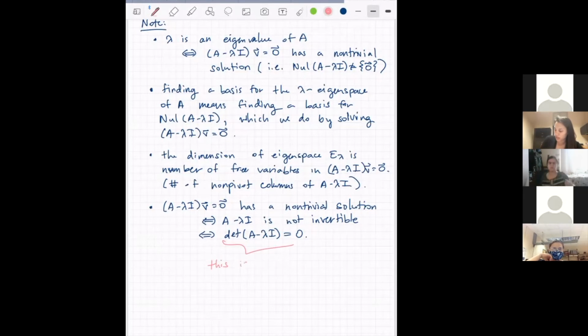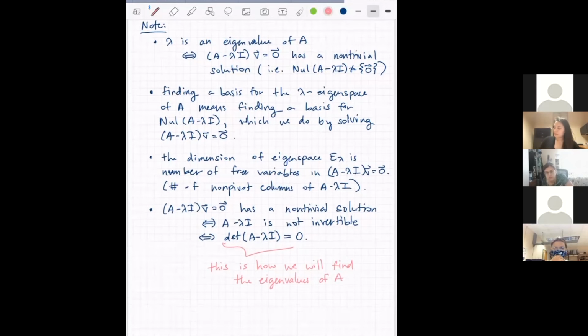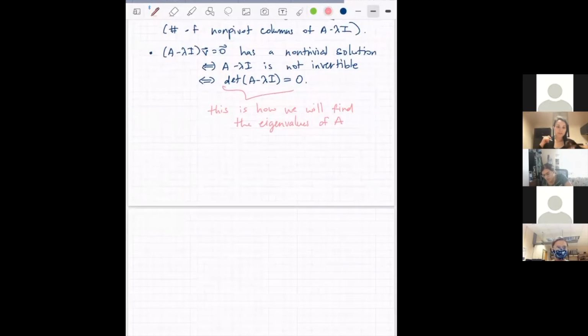So this is how we will find the eigenvalues of A. Okay, which is what we are about to talk about now.